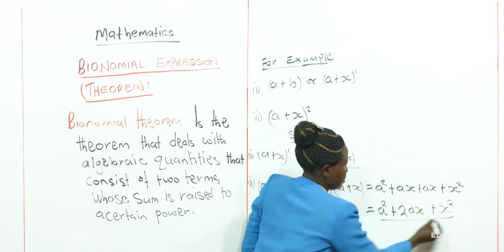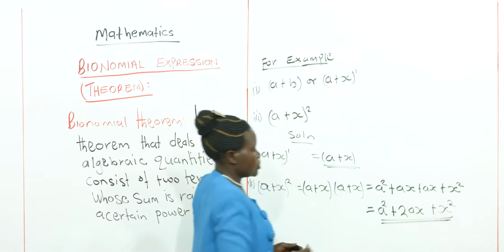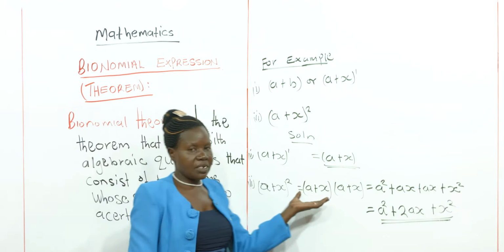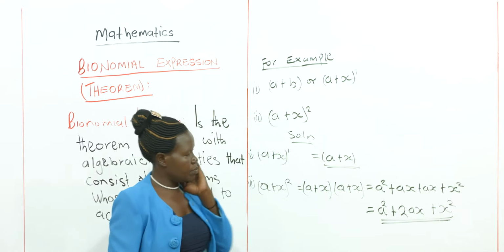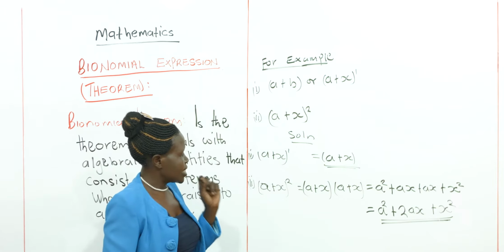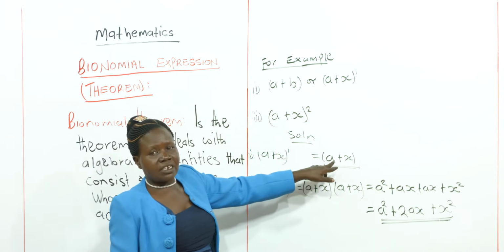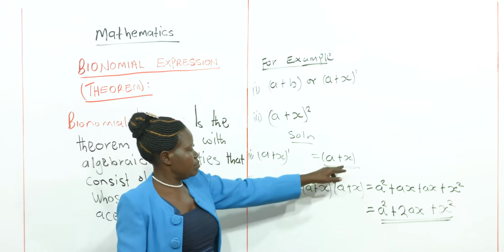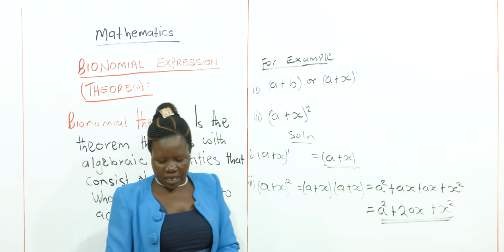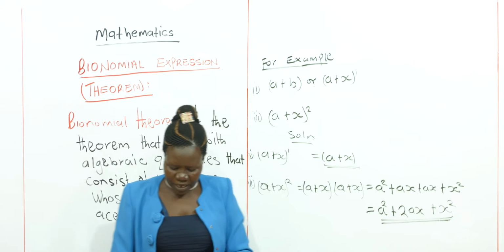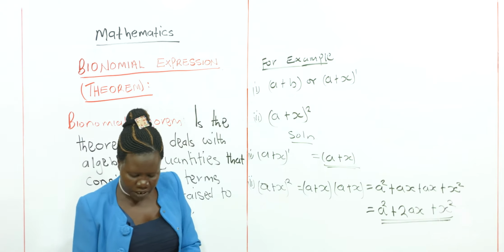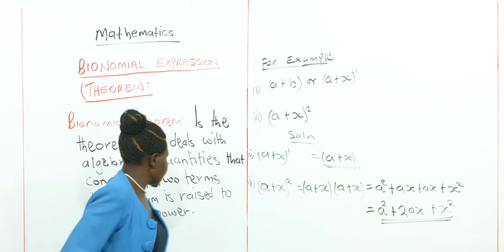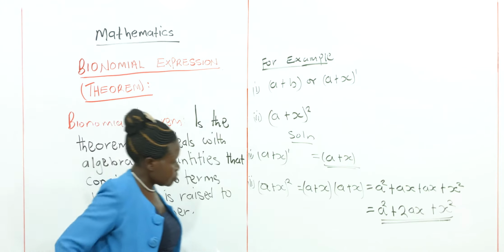Dear learners, this is how you simply expand these algebraic quantities, taking in mind that a stands for the first term and x stands for the second term. As we said, two terms whose sum is raised to a certain power.